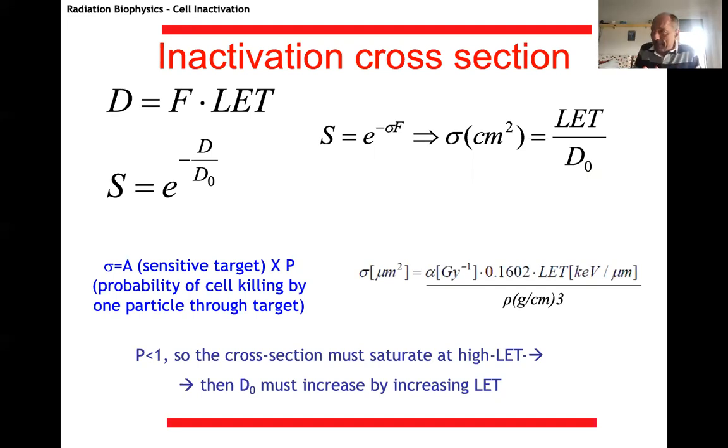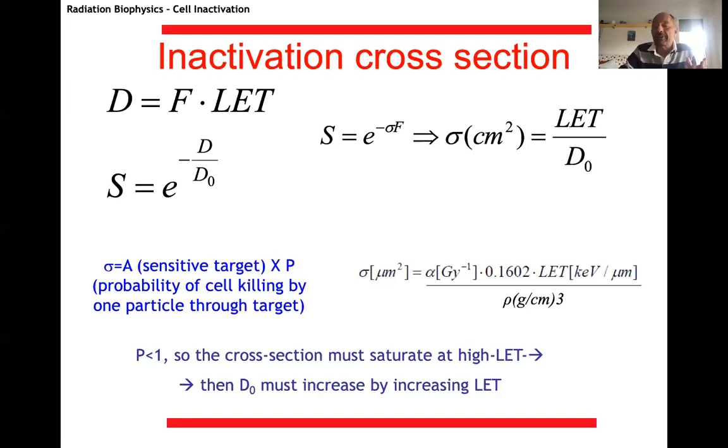The mean free path of the ions is in the order of the nanometer. It's just like for the electrons, you remember the cross-section of the electrons. Now around 100 keV per micron, the mean free path of the ions is in the order of nanometer. So it's very likely that you induce double-strand break after double-strand break along the track, because every 2 nanometers you make an ionization. So it's very likely that you're inducing many double-strand breaks in line.